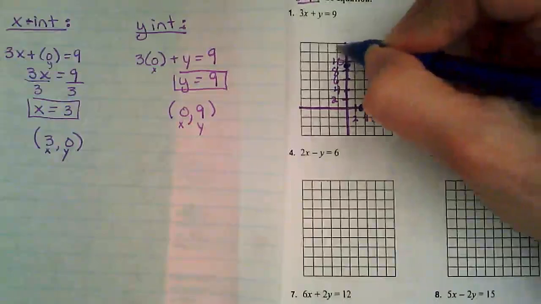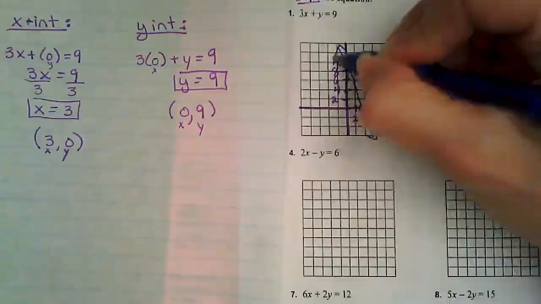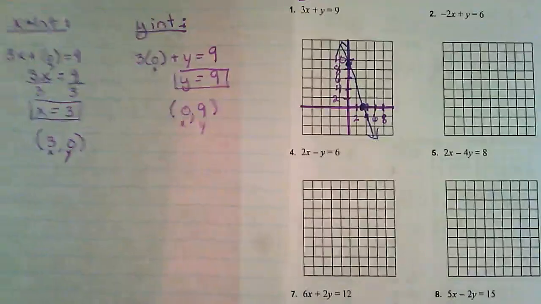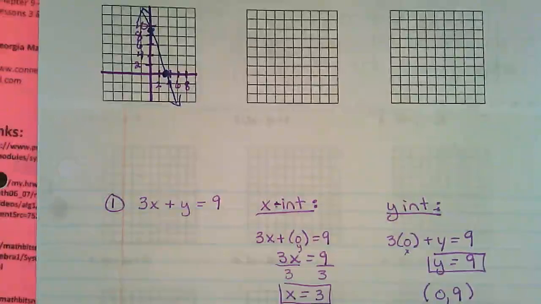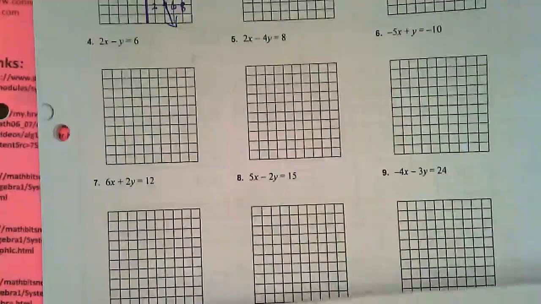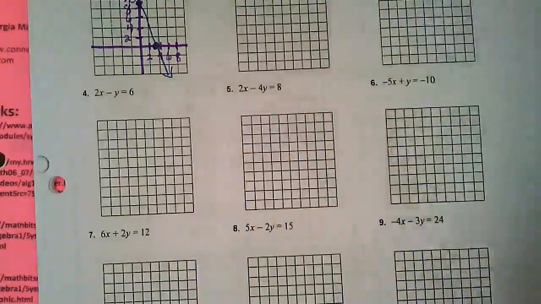And so now I can connect those, and I have my line. So go ahead and do the number 2 and 3 using the same method that I just used for number 1.